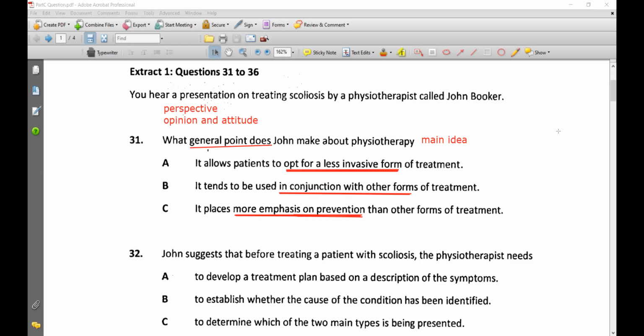Similarly, if you look at the second question here, it says John suggests that before treating a patient, and this is a very, very important keyword for you. Before treating a patient, what does the physiotherapist need to do? What is something that they have to do before treating the patient? So here it says they should develop a treatment plan based on a description of the symptoms.